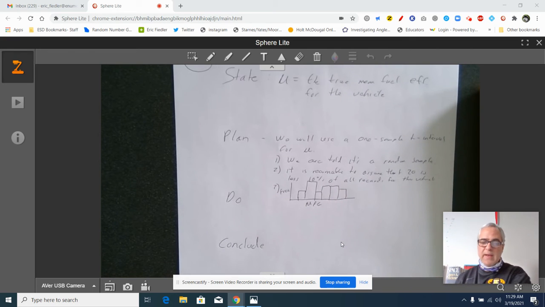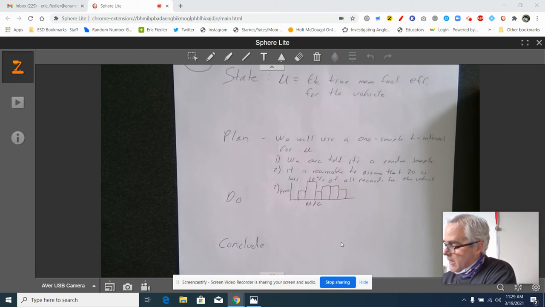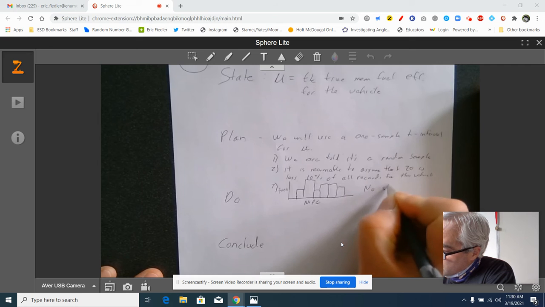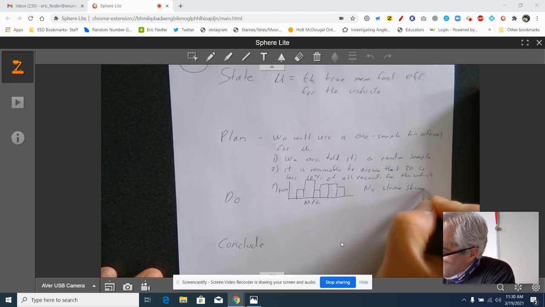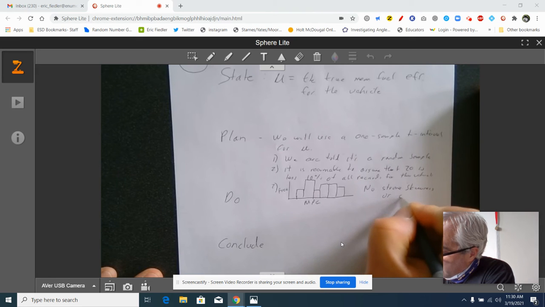Now, in that histogram that I just drew really quickly, I don't notice any obvious skewness, nor do I see any obvious outliers, and that's what you have to comment on. So just say something like, no strong skewness or outliers.